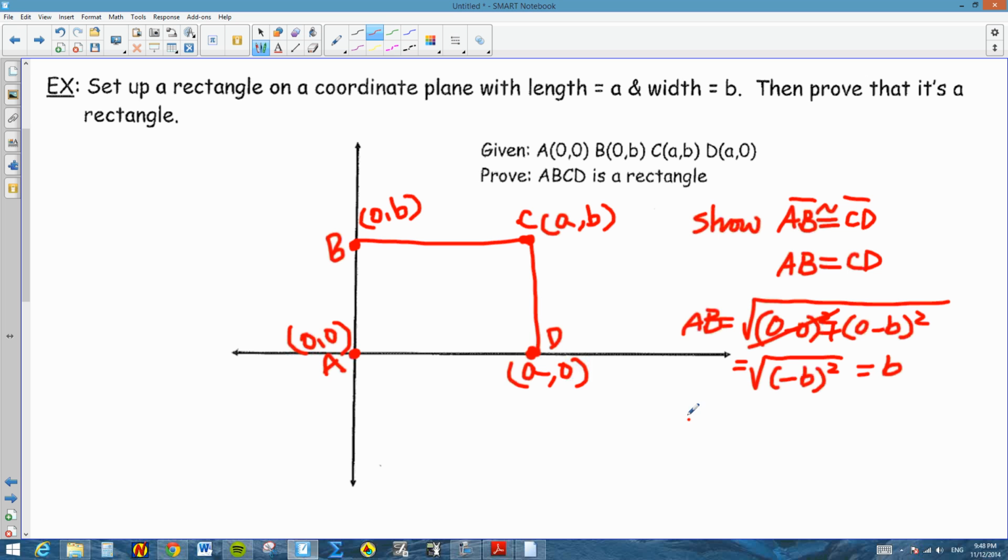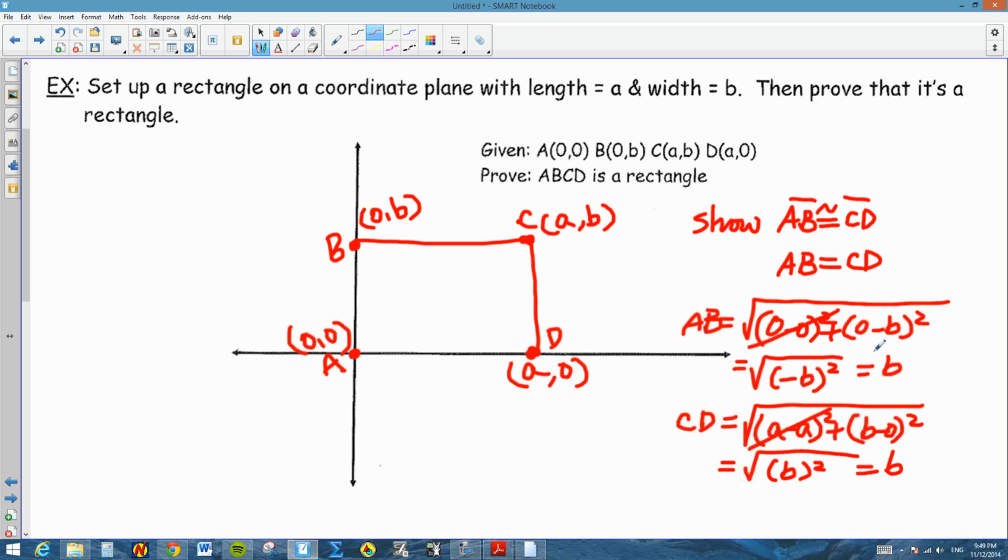So let's check CD. Square root of, plugging in C and D, x minus x, which is a minus a squared, plus y minus y. We don't care who minus who, so we use b minus 0 squared. The x part is 0, and b minus 0 squared gives you b also.